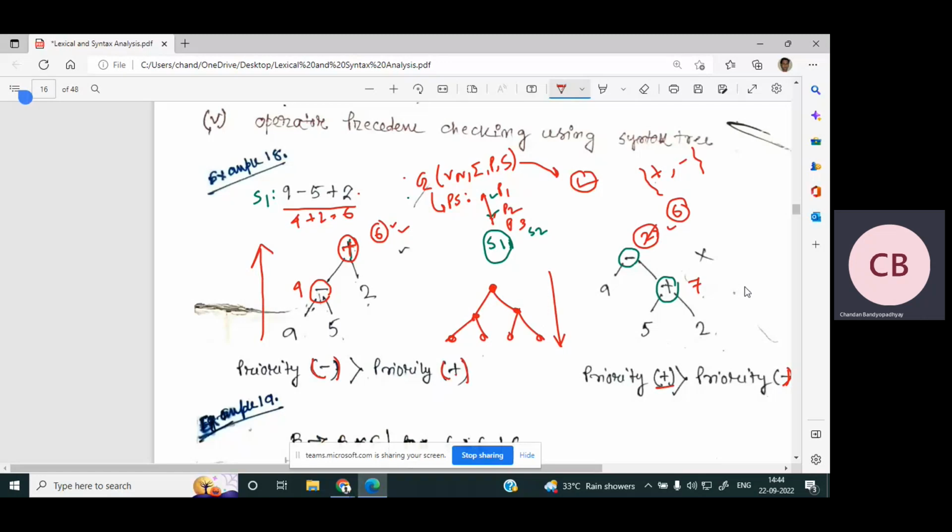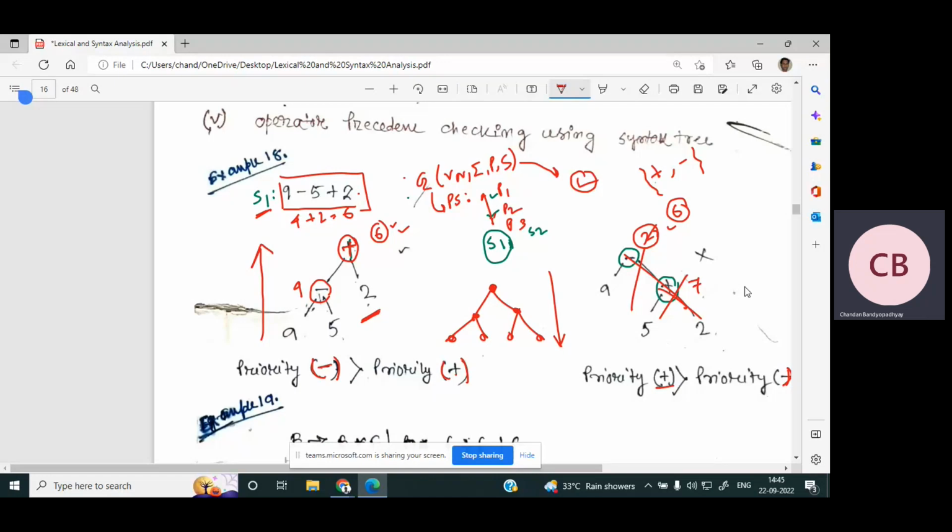Let's say for this string S1, 9 minus 5 plus 2, if you had obtained only a single tree, this tree you are not obtaining, only this tree you are obtaining, then you can tell the operator minus has a higher precedence than the operator plus.